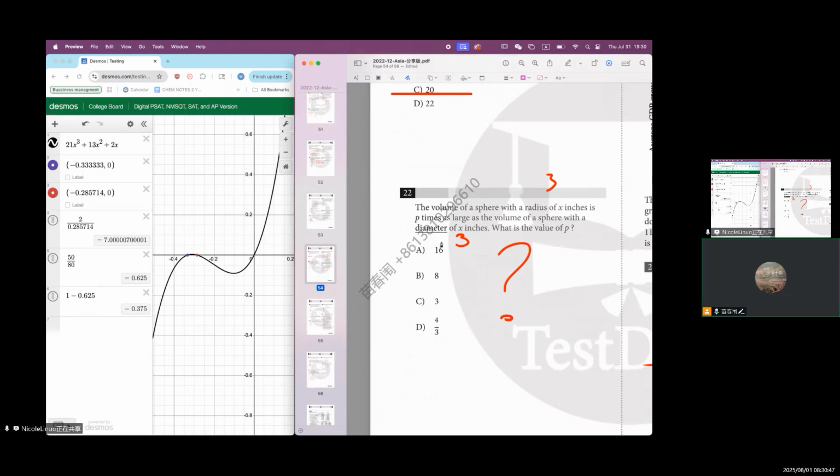Okay, the volume of a sphere with the radius of x inches is p times as large as the volume of the sphere with the diameter of x inches. What is the value of p?